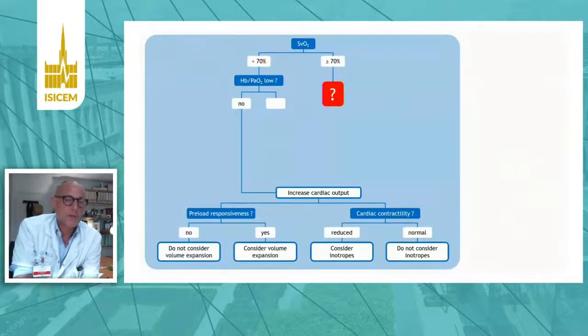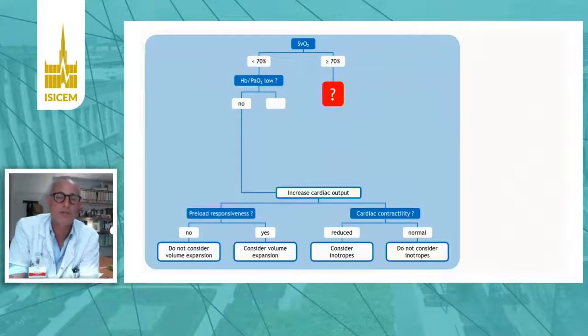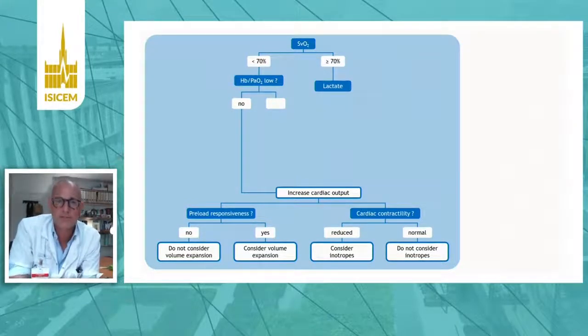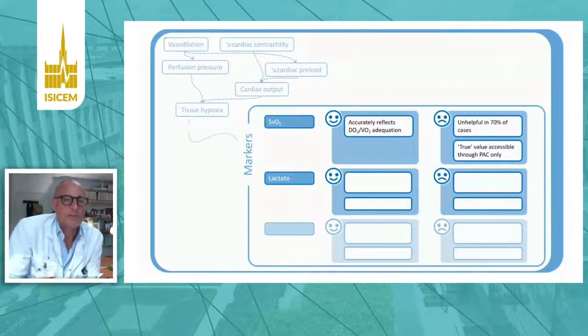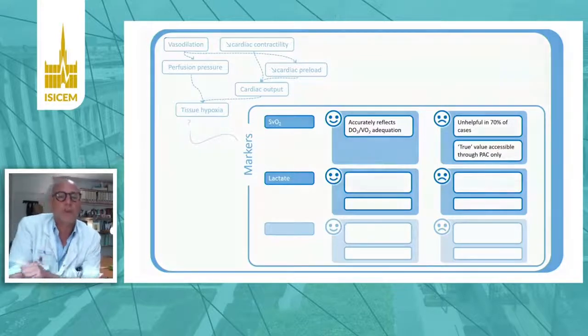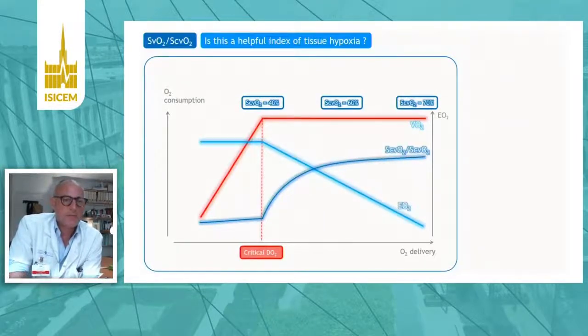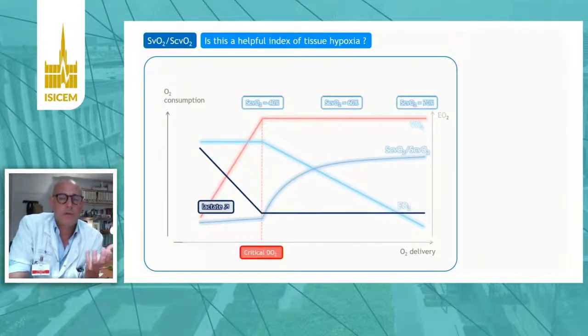So it means that if SVO2 is normal in case of shock, it's not sure that there is no tissue hypoxia, especially in septic patients. So we need something else, and this might be lactate. Again, the advantage of lactate as a marker of tissue hypoxia is that it is physiologically linked to tissue hypoxia.